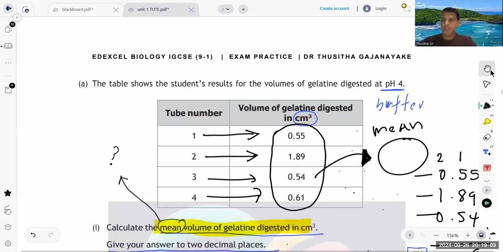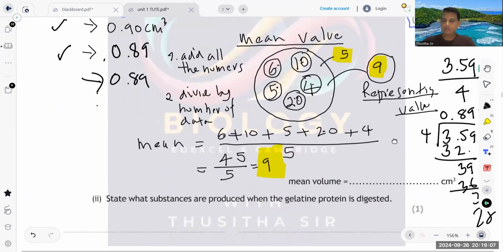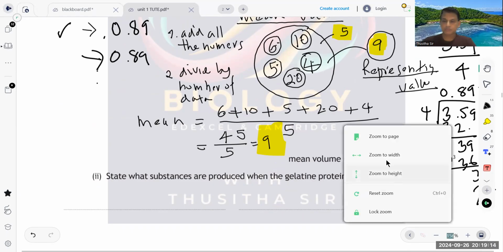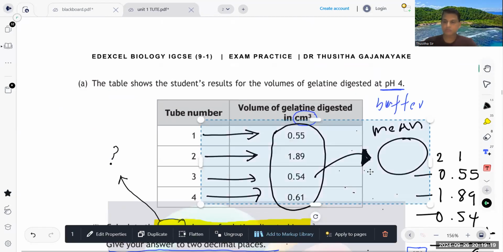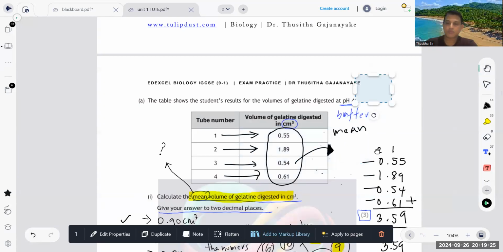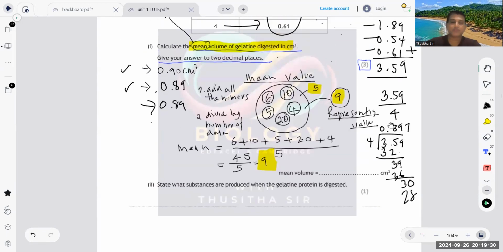So I get the answer 8, 9, 7. So my answer is 897.